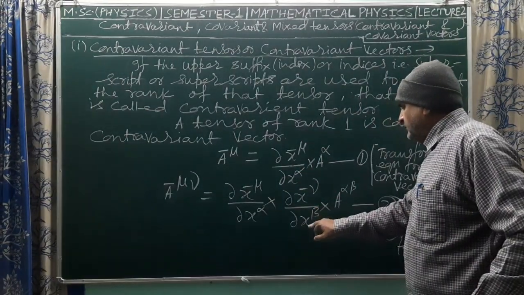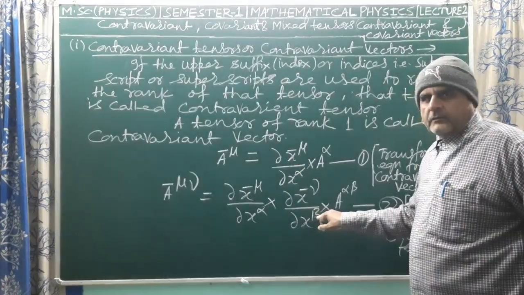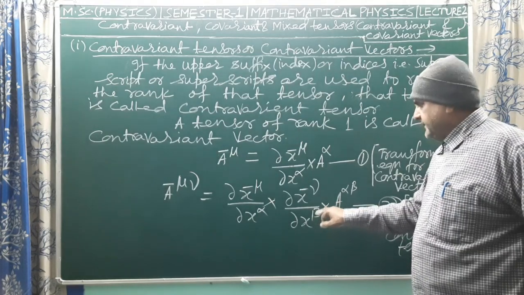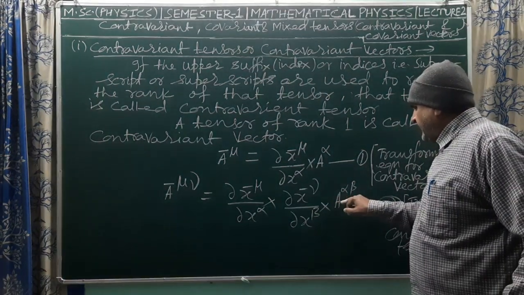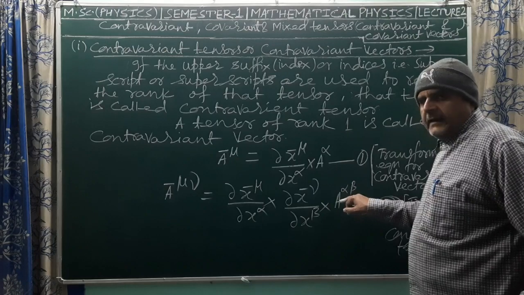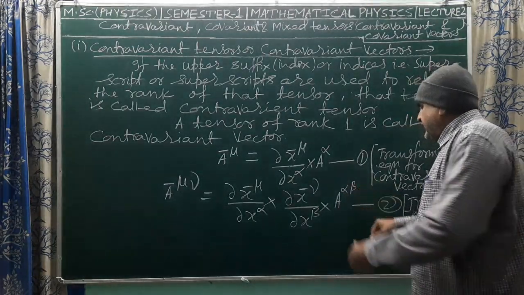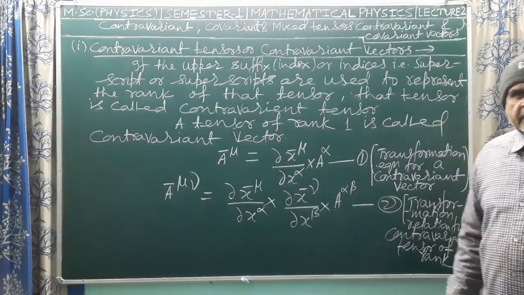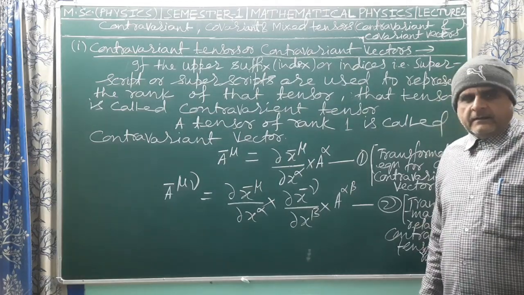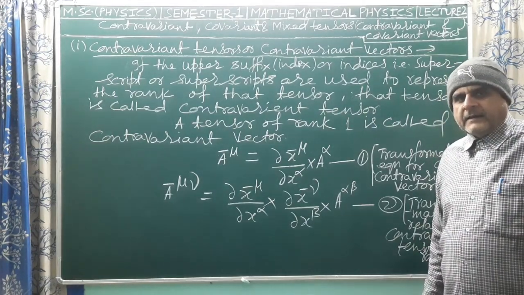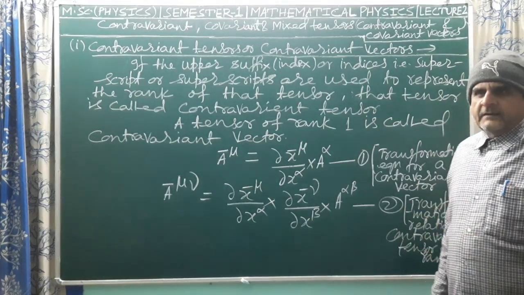Alpha and beta are also upper indices because in a contravariant tensor upper indices are used.